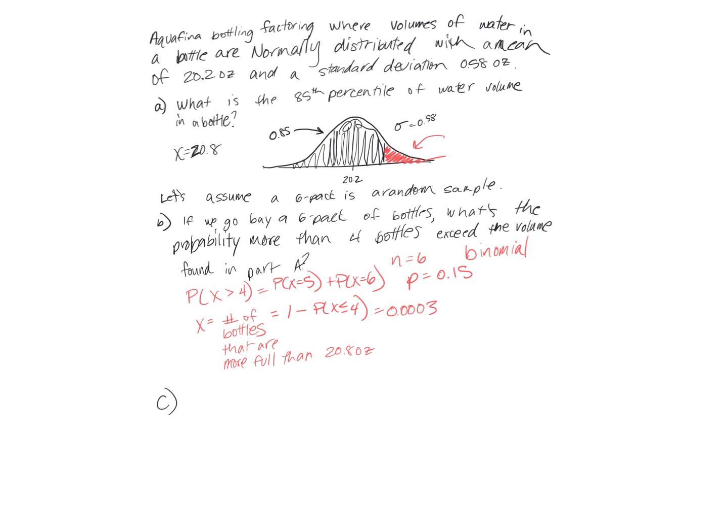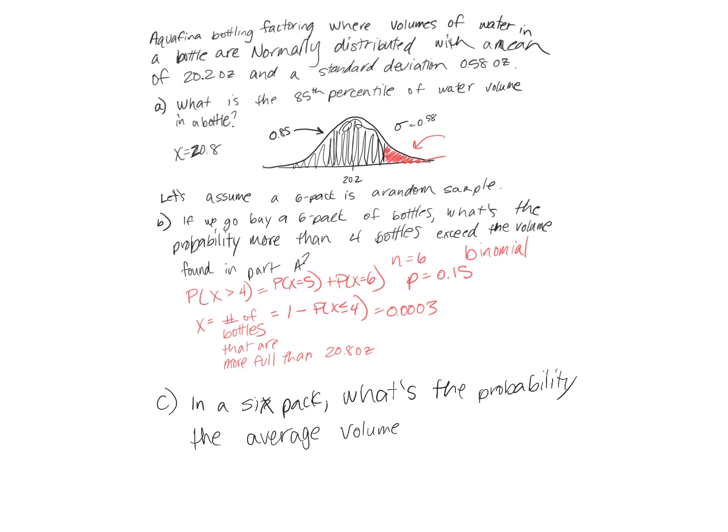So the question is, in a 6-pack, what's the probability the average volume is less than 20 ounces?